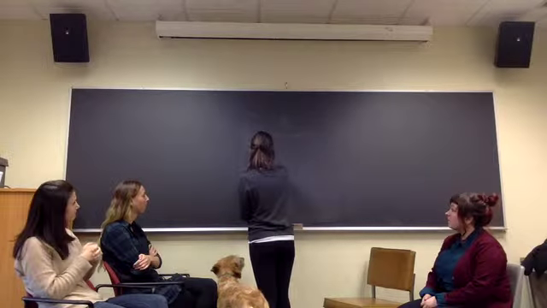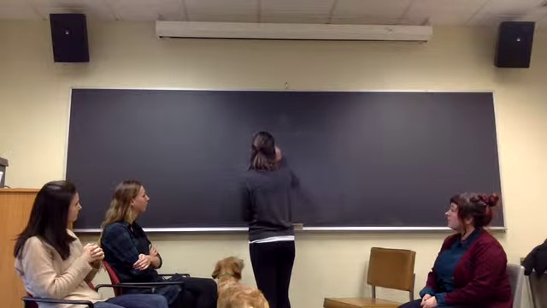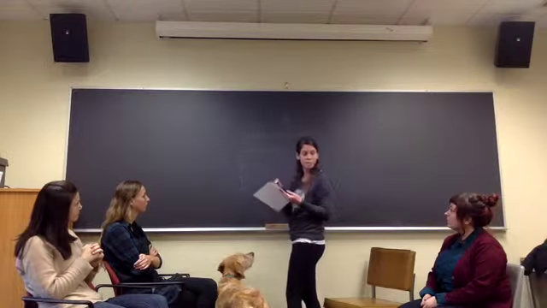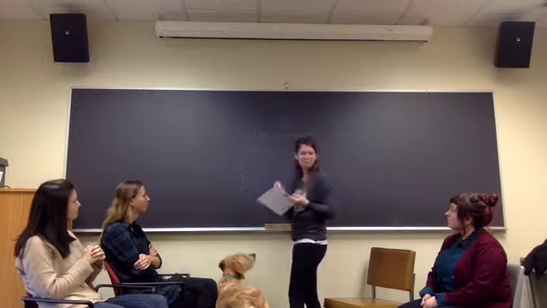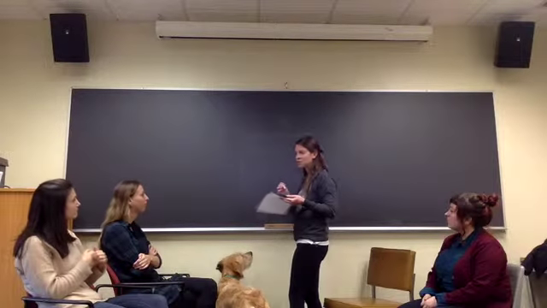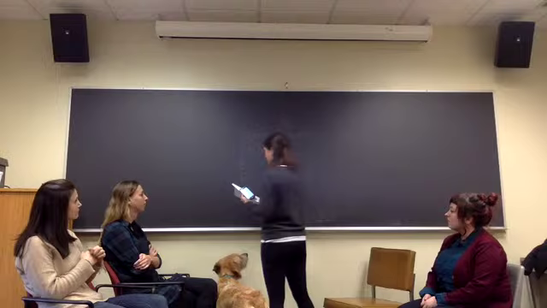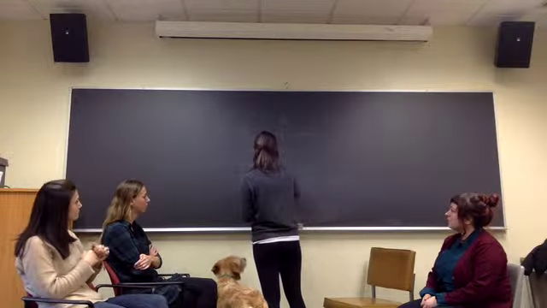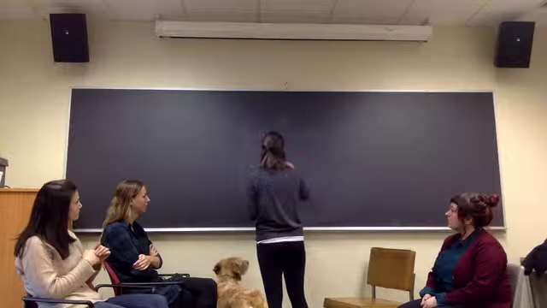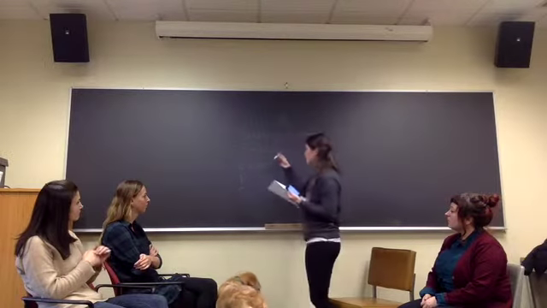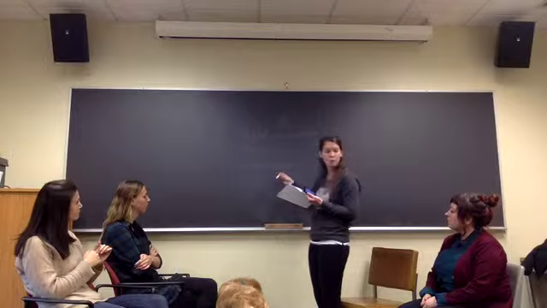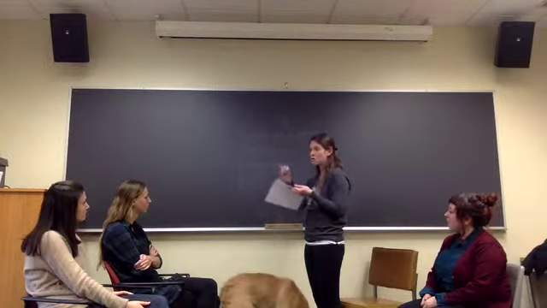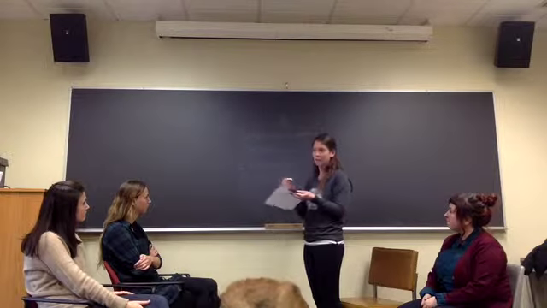T is for try solutions. Here is when we list all possible solutions to this problem. Bad solutions, good solutions, everything. E is for explore pro-con. That means we're going to take these solutions and explore the advantages and disadvantages of all of them. What's good about a certain solution and what's bad.